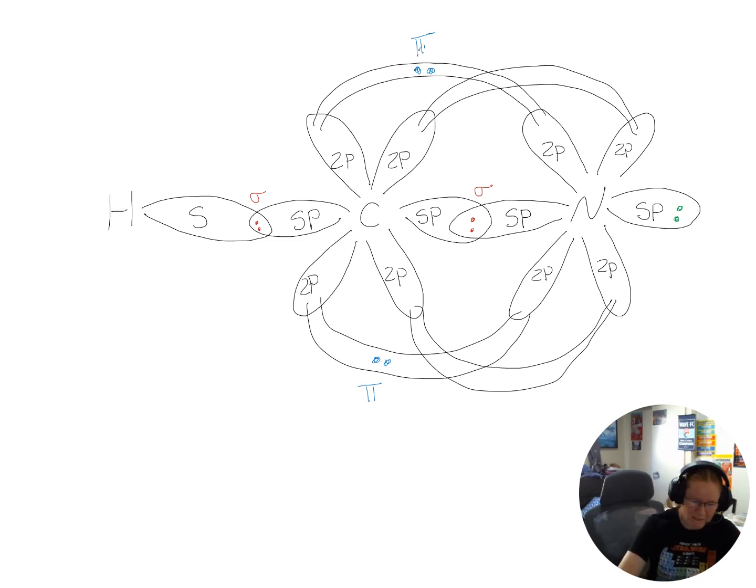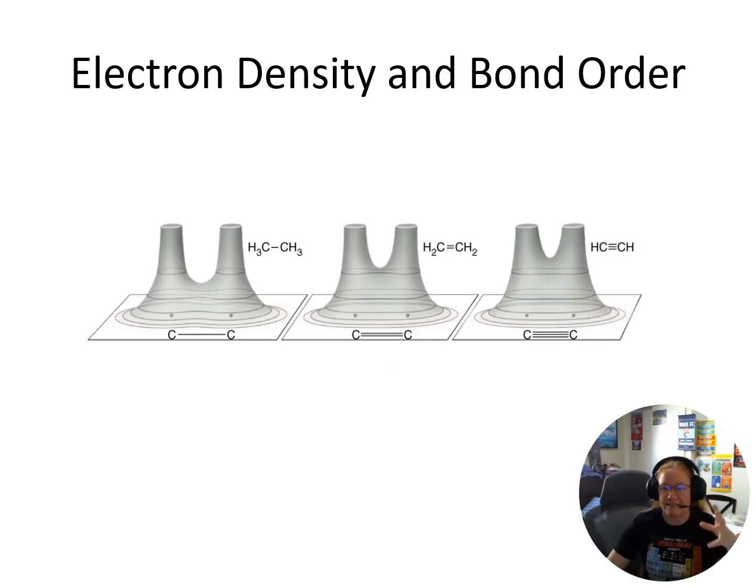Now, when we start looking at a single bond versus a double bond versus a triple bond, they get closer together the more you up the bond order. There's more electron density with a triple bond and it's closer together. There's less electron density with a single bond and it is further apart.